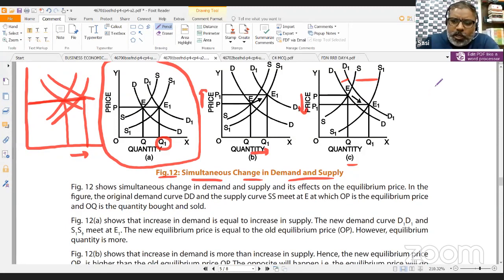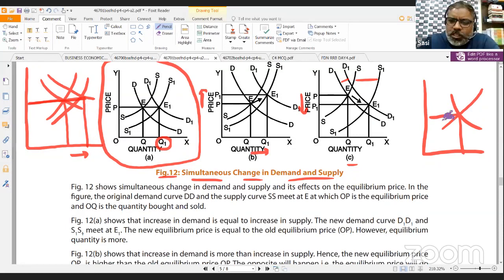So with normal common sense, when the demand is more than supply, naturally the price will be going upwards. When the supply is more than demand, the price will be going downwards. In the same way, when there is an increase in demand more than increase in supply, the price will go upwards. When there is an increase in supply more than increase in demand, the price will go downwards. Any of them can be just drawn and checked. So normal curve, simple.